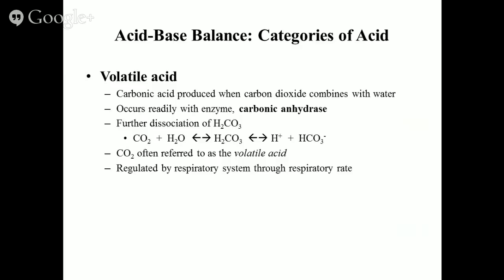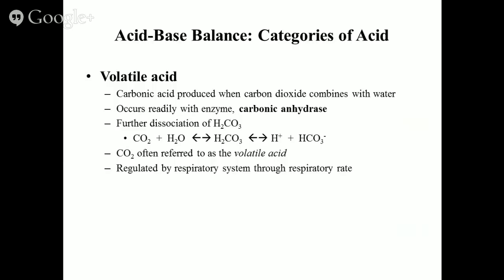So what winds up happening is CO2 and water come into contact with one another, and they get converted into H2CO3. And then this guy winds up breaking apart into hydrogen ions and bicarbonate ions.